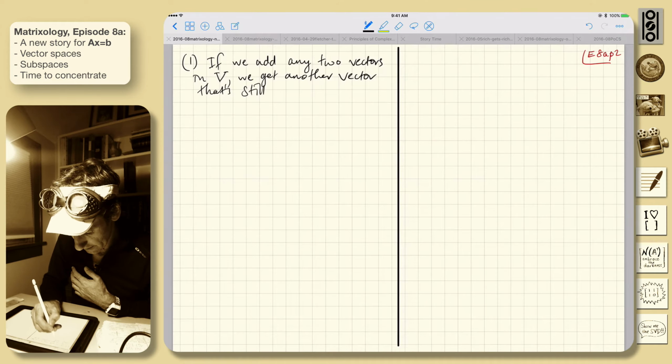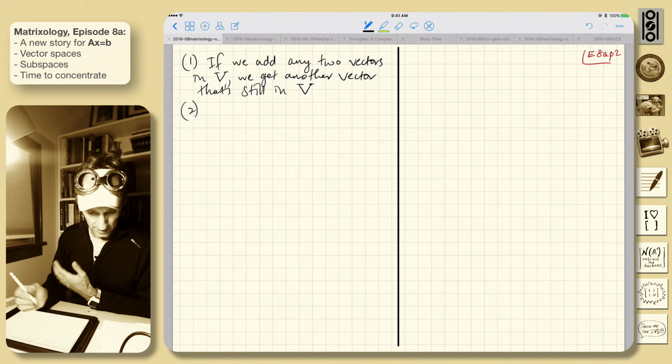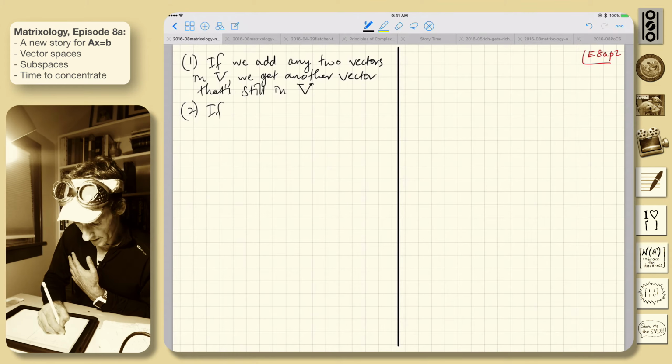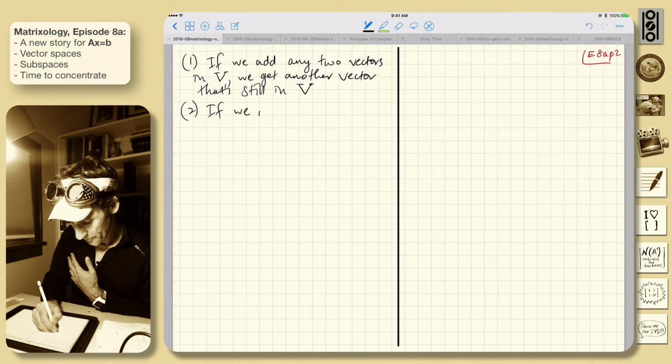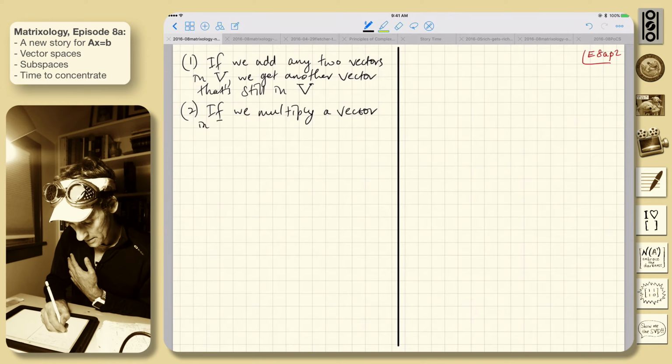That's still in V. And 2, if we multiply a vector in V by a scalar.